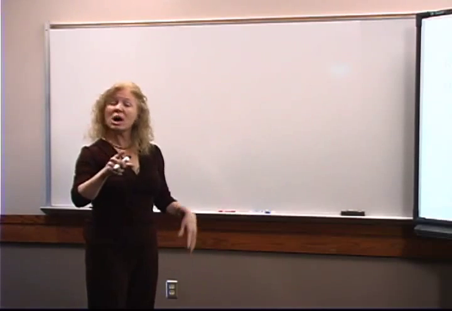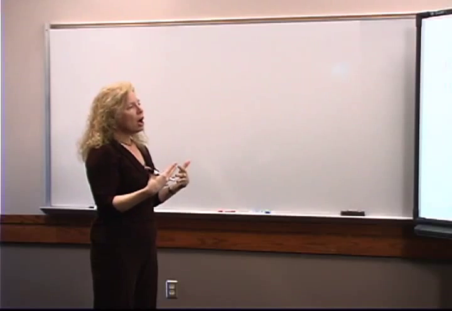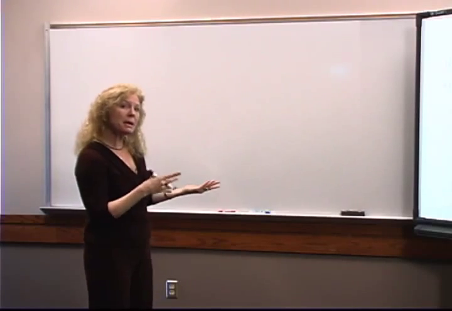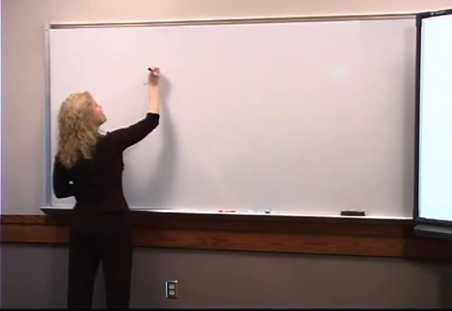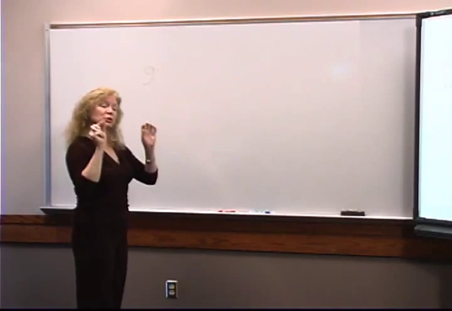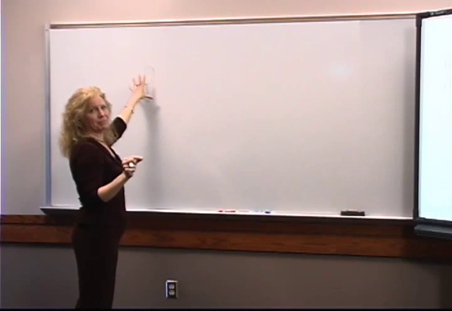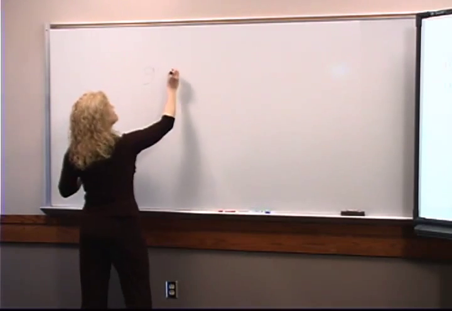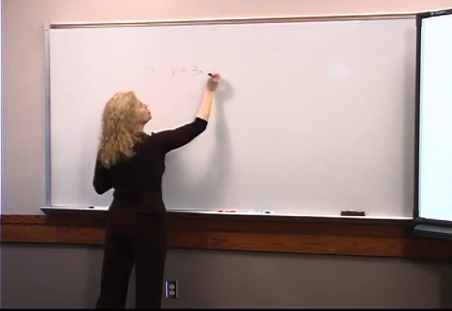Yes, but because it's so easy to get mixed up with which function am I talking about, let me give you a suggestion. I recommend that you start with your original function, write its name, and then write y equals the rule.